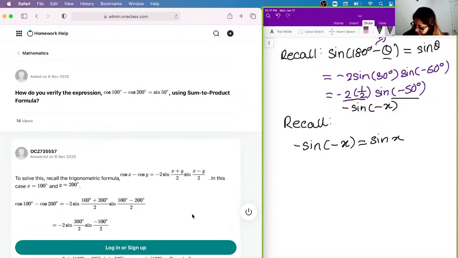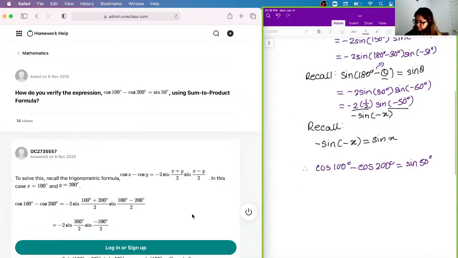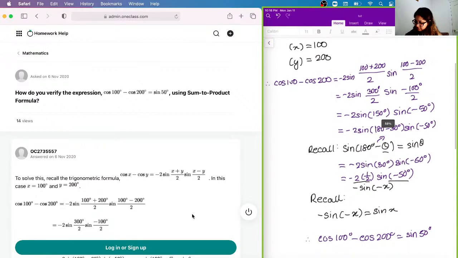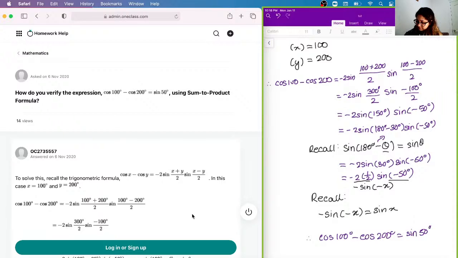And so cos of 100 degrees minus cos of 200 degrees is equal to sine of 50. So we just proved that, and this is the answer.